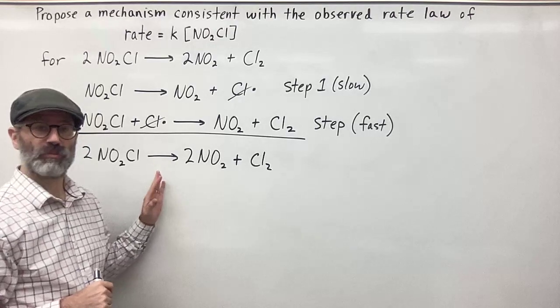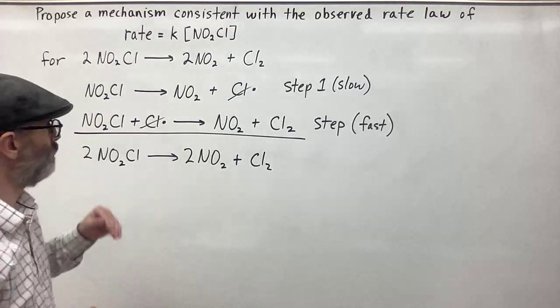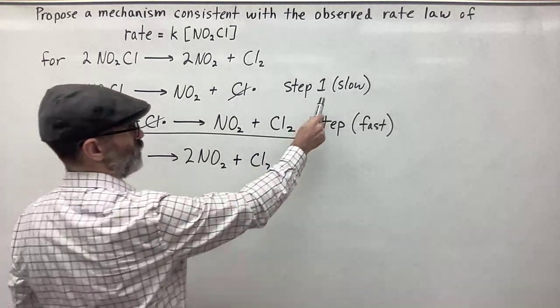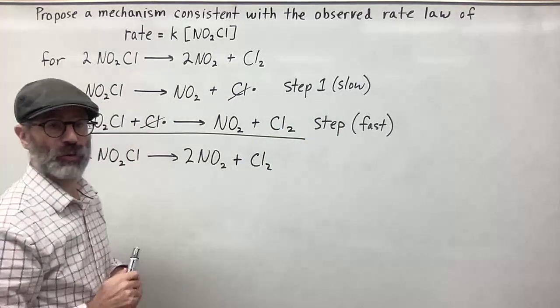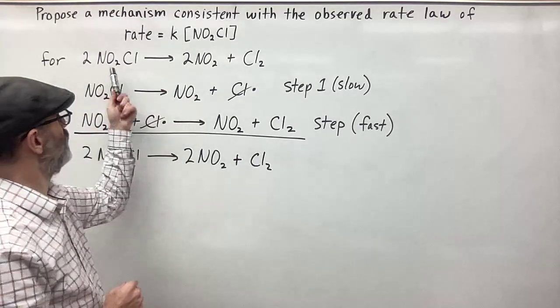So for the mechanism, what about the matching of the rate law? So if we say that this is the slow step, that's the rate determining step. So the rate law would be determined by this step here.